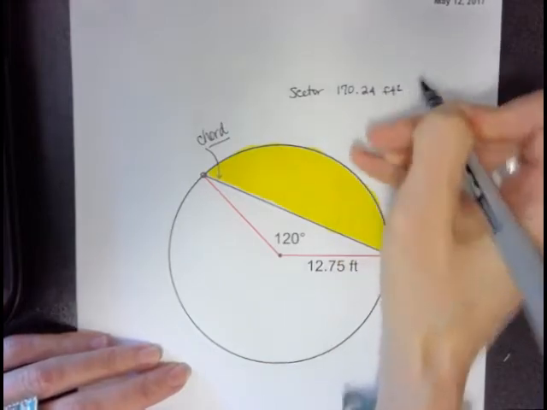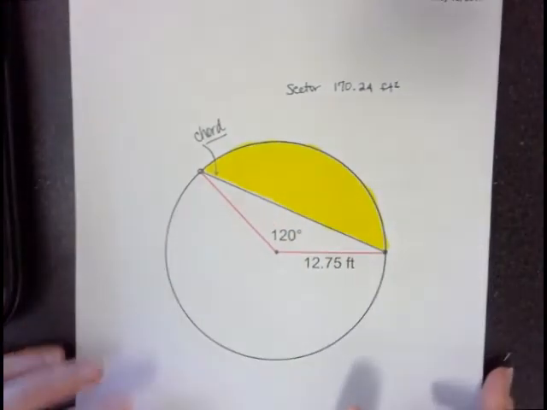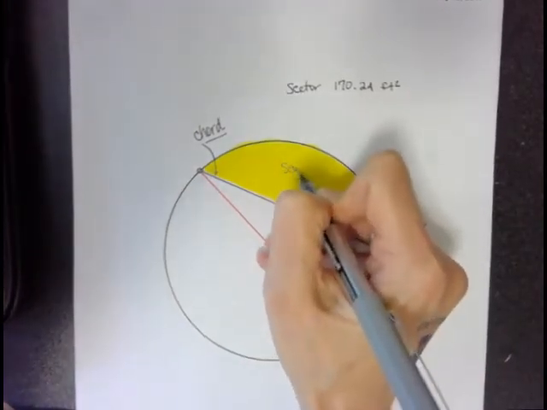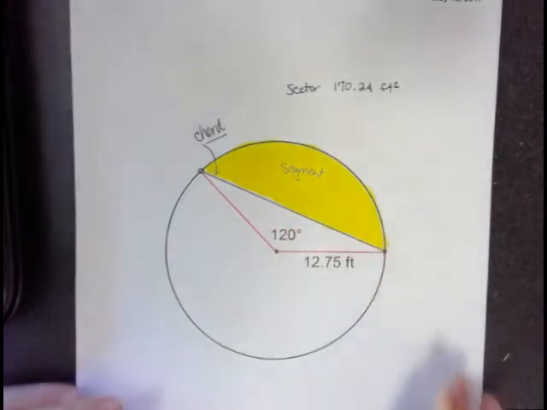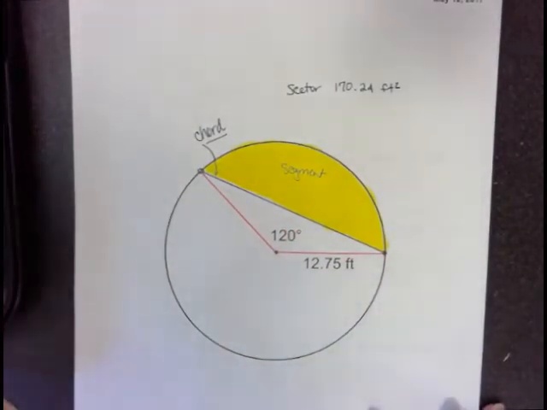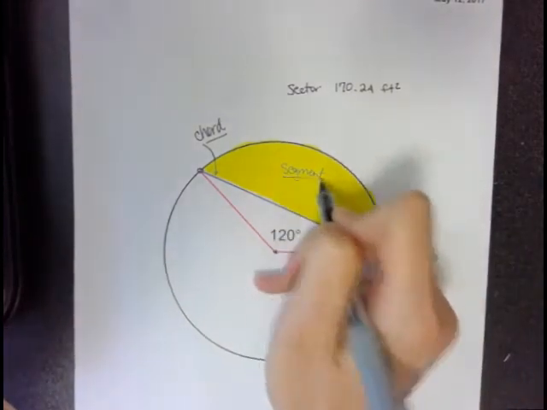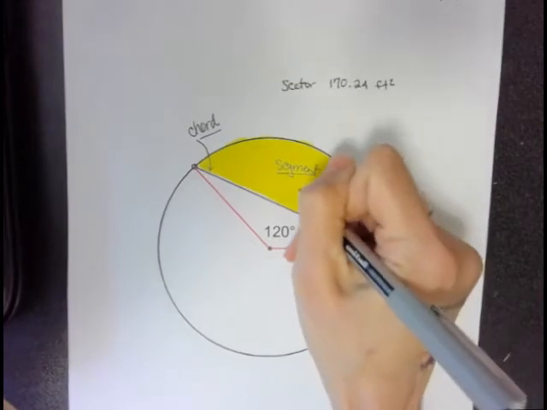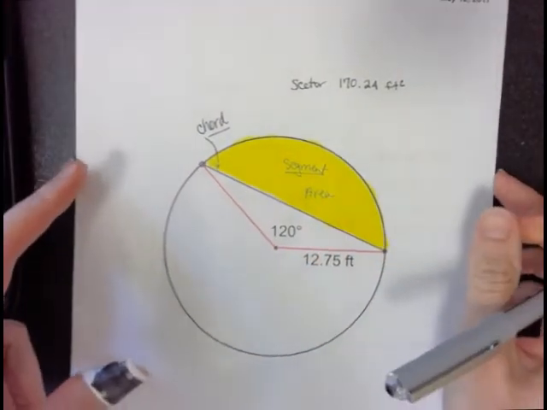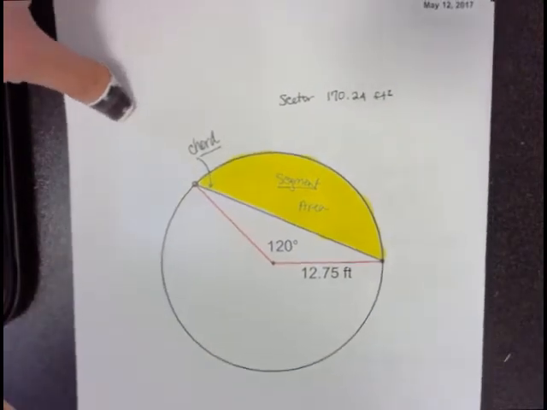That's if I colored this whole thing in. But now I want to find the segment. And that's what this piece of the circle is called. It's called a segment. So a segment is a part of a sector. How do you think we're going to find the area of this segment? So again, I want you to press pause, and I want you to see if you can figure it out before I do it for you.